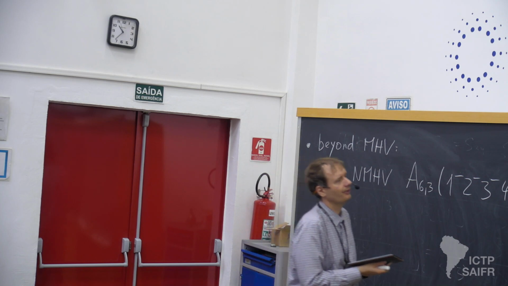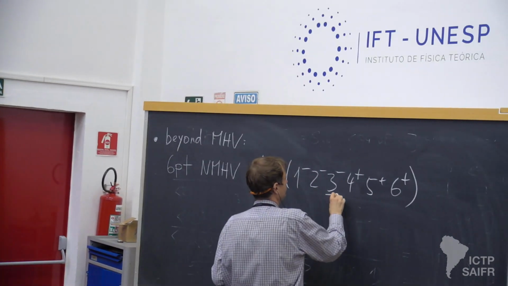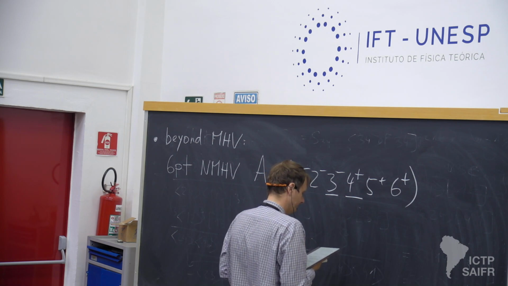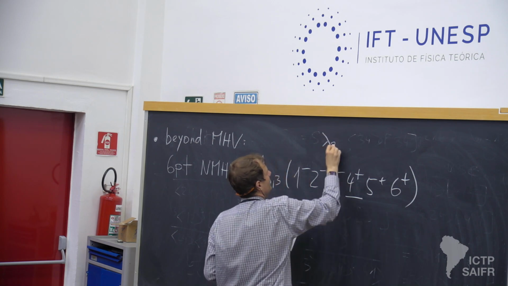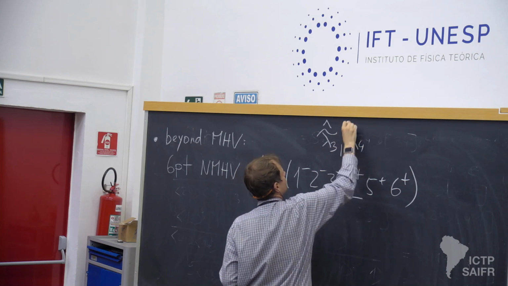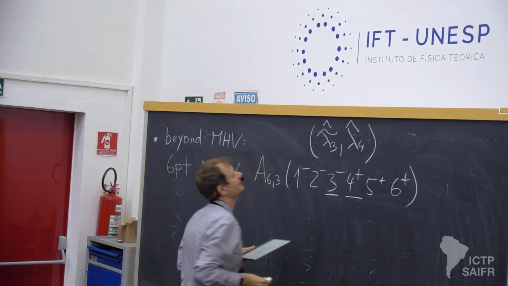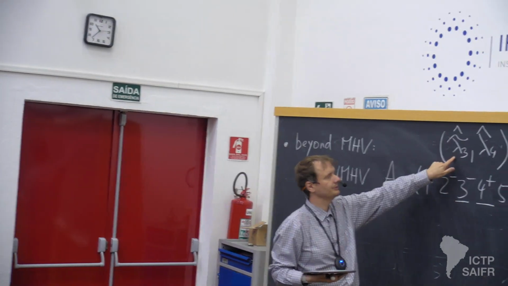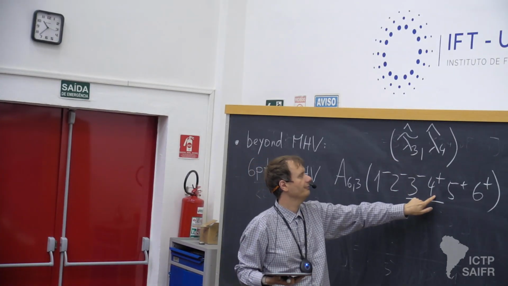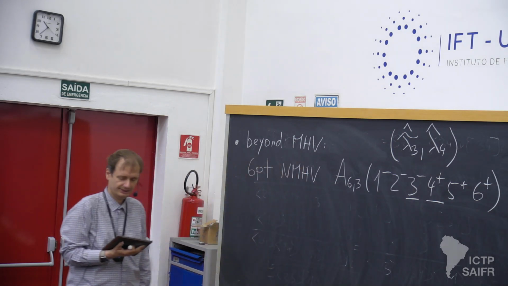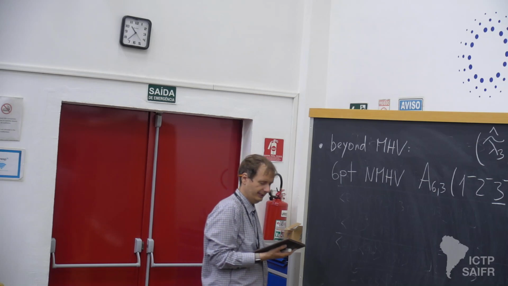So now the convenient shift to do would be shifting 3 and 4. Yeah, this minimizes the number of terms. So it would be shifting lambda 3 tilde and lambda 4. Since 3 is minus, we have to shift tilde, and 4 is plus, so we shift the lambda. So this is the one which behaves correctly at infinity.